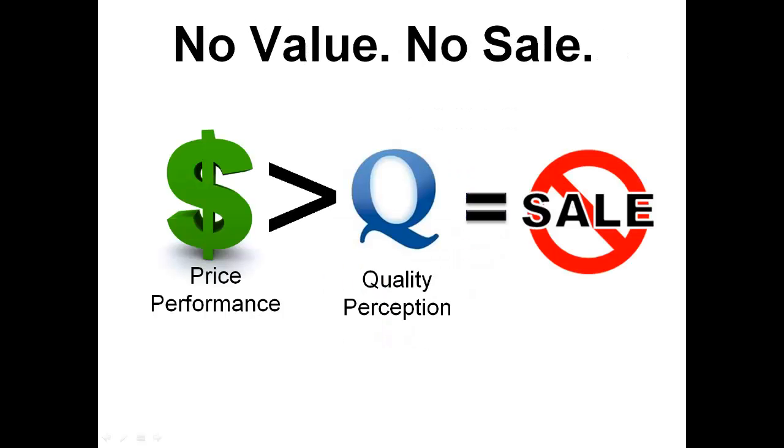Now, before we jump into that, let's just get one thing clear here. If there's no value for your services, you do not get a sale. If you look at value as an equation, value is simply price performance divided by quality perception. When those two are equal, you get a sale. When the focus is on price performance, as many of your prospects are, no sale is made.